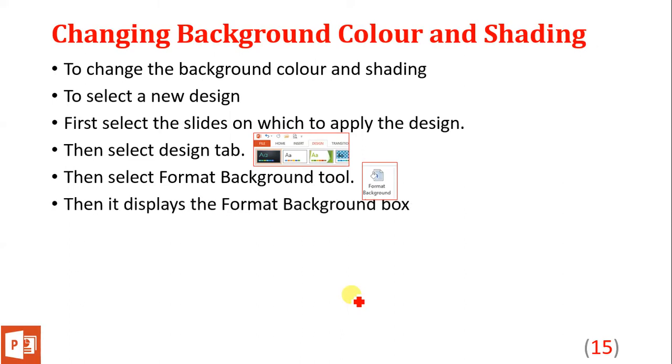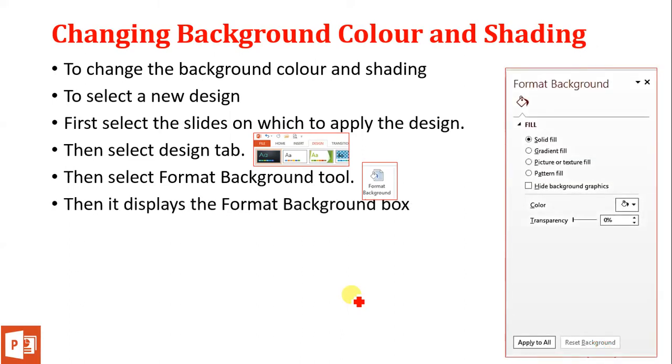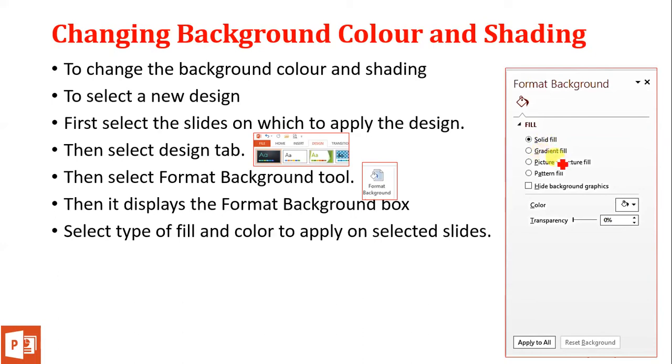Then it displays the format background box like this. From here you can select the fill color, either solid, gradient, picture or texture, or pattern fills. Select the type of fill and the color to apply on the selected slides.